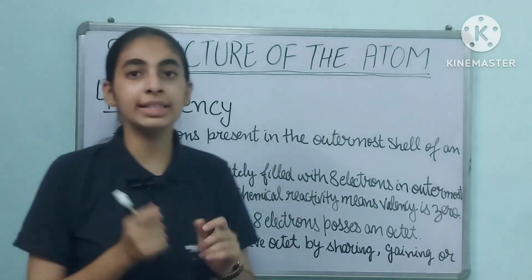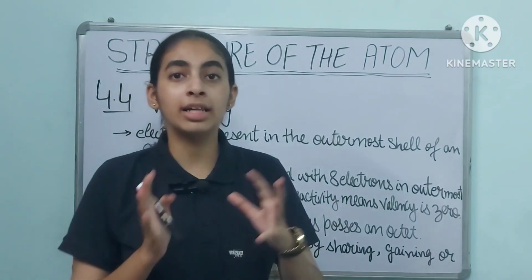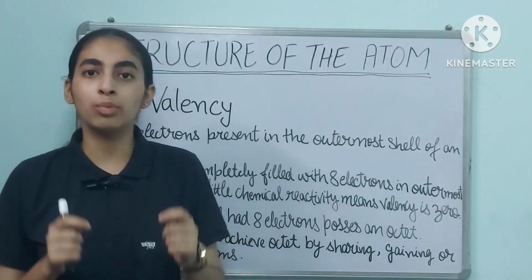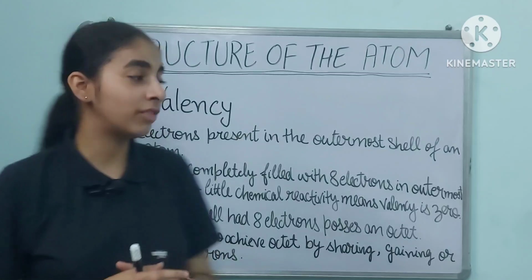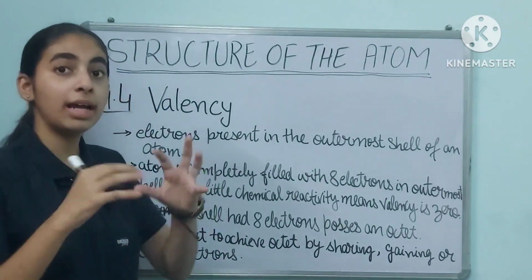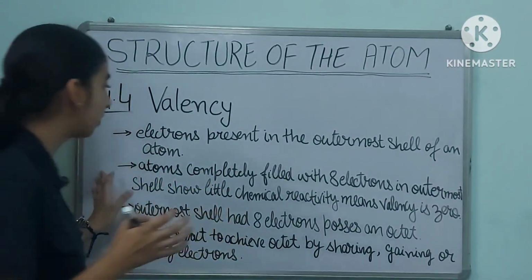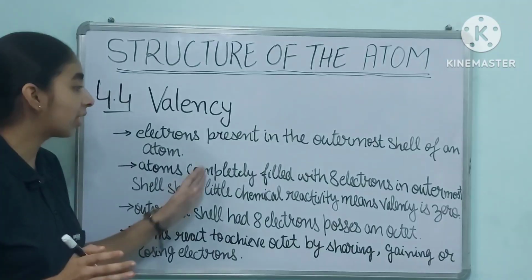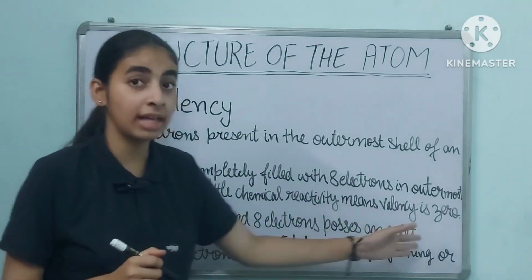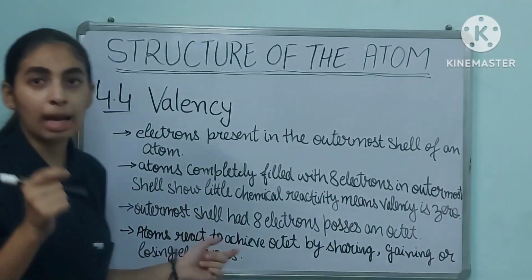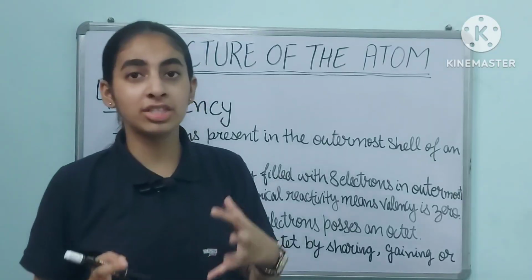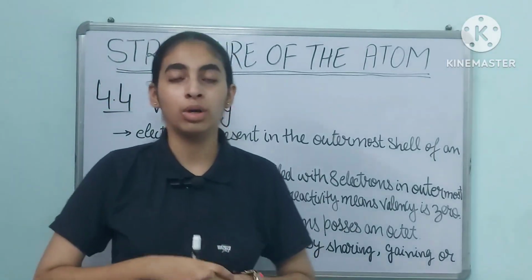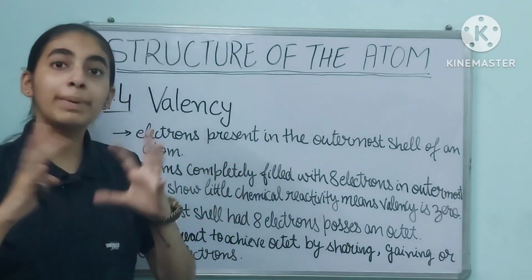From the Bohr-Bury scheme, they said that the maximum number of electrons that can be accommodated in the outermost shell is 8. We observed that atoms of an element whose outermost shell is completely filled with 8 electrons show little chemical reactivity, meaning their valency, or combining capacity, is 0. Why? Because 8 electrons completely fill the shell.